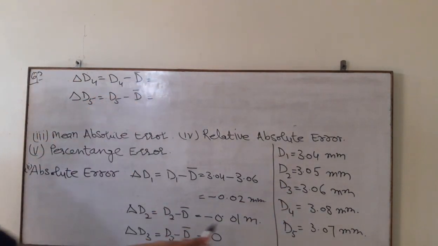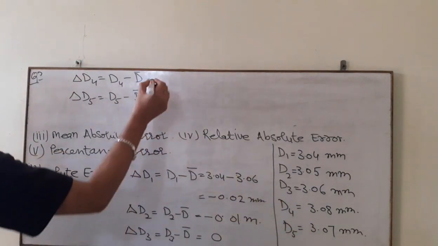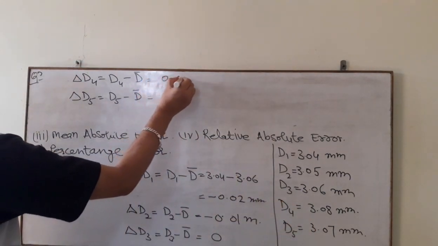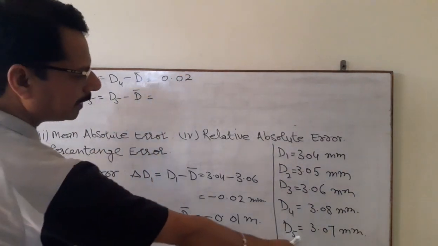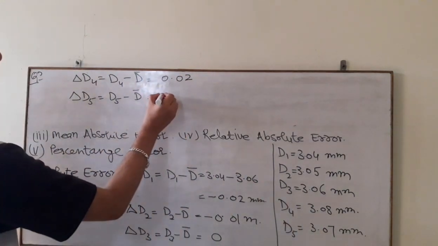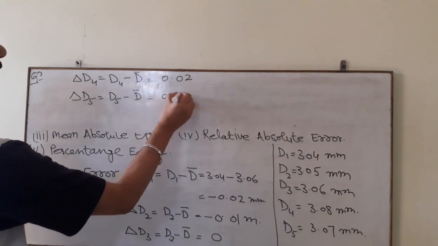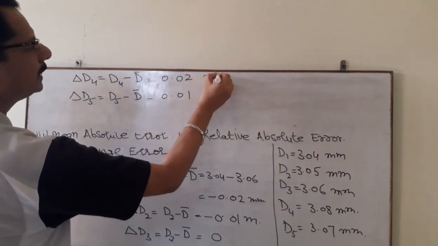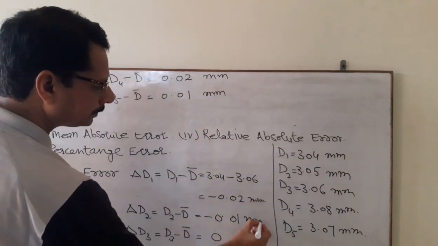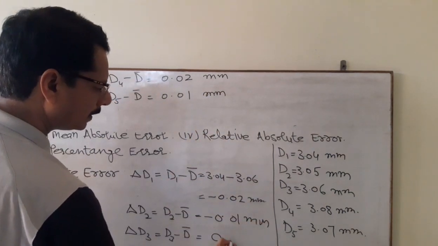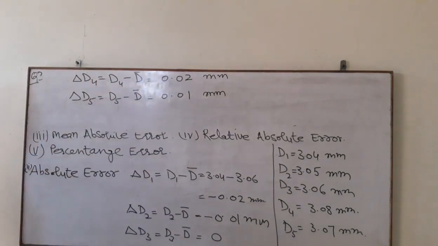D4 is 3.08, so this will be 0.02. D5 is 3.07, so this will be 0.01 mm. So note it down.